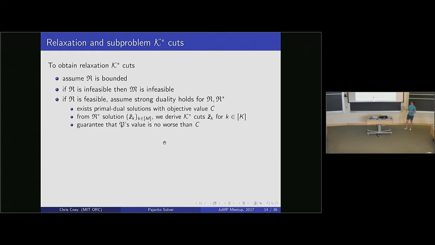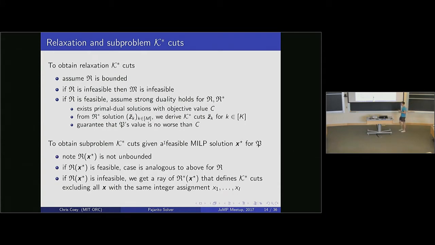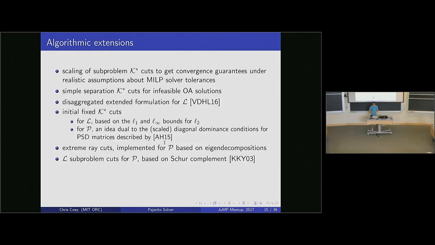I'm not going to go through this due to lack of time, but we'll try and get these slides up. This is just how these cuts work. We come up with a bunch of algorithmic extensions, which we detail in the upcoming paper and also implement in the Pajarito solver. So for example, because MIP solvers are not homogeneous solvers, they typically use absolute violation tolerances on constraints.